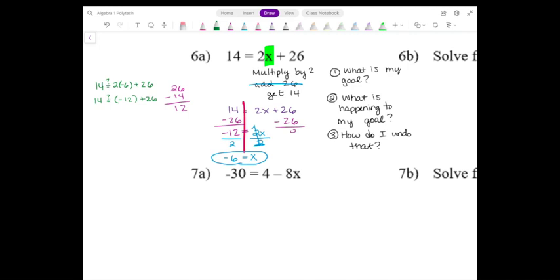And what is 26 minus 12? It's 14, right? Let's see. 26 minus 12. 6 minus 2 is 4. 2 minus 1, yeah, it's 14. Cool. So I get 14. Is that equal to 14? And yes, it is. So hey, we did it right.